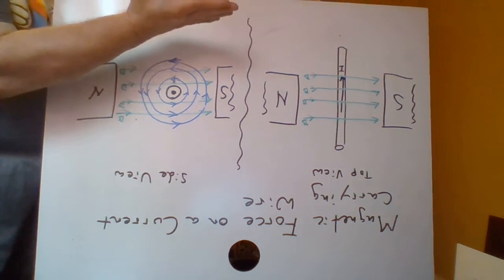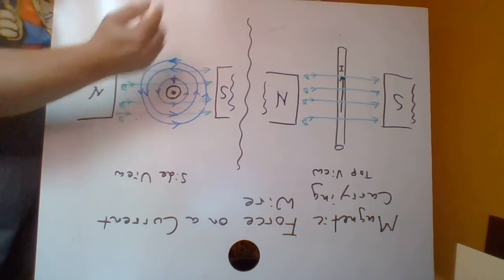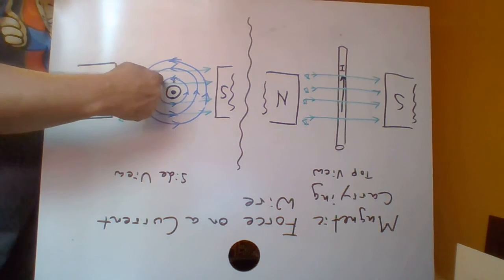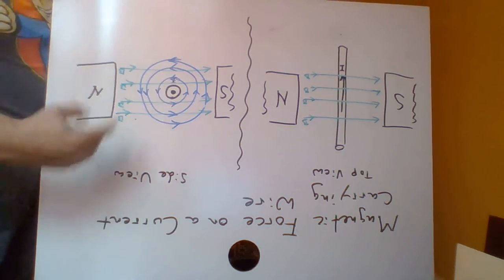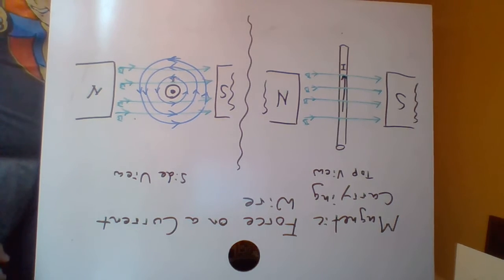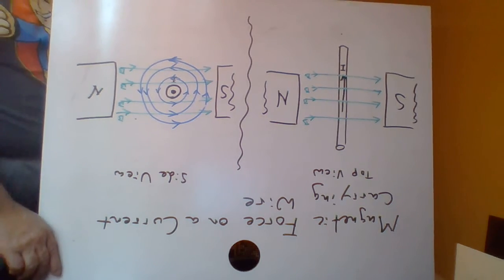Boom, it's pressing this way. And so for this diagram, we would mark on here force acting that way. Yes, I've turned the board upside down, so we have to realize that reorientation. Now, this has implications for electric motors.